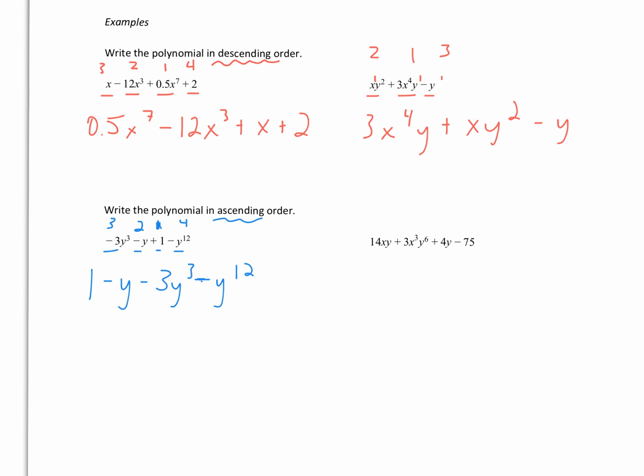Last example, again, we have 4 terms. Our smallest one is definitely that negative 75, so that goes first. Next, this 4y has a degree of 1, so that comes next. This xy, remember, has a degree of 2, so that's my third.